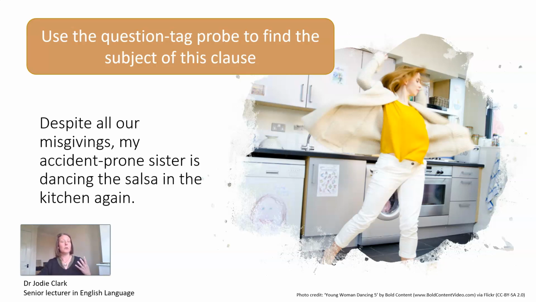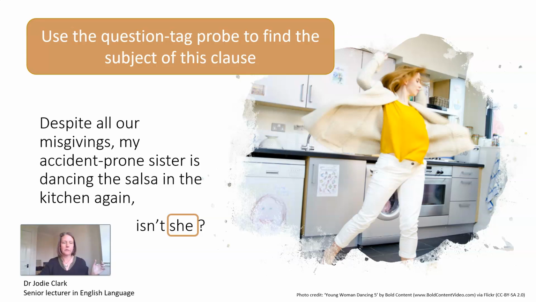So the first thing you do is you add a question tag to that. So, despite all our misgivings, my accident-prone sister is dancing the salsa in the kitchen again, isn't she? And then you take the subject pronoun, which is the final word in the question tag. You find that, and then you check in the clause to see what she could replace.